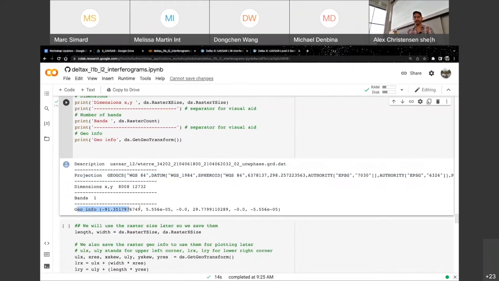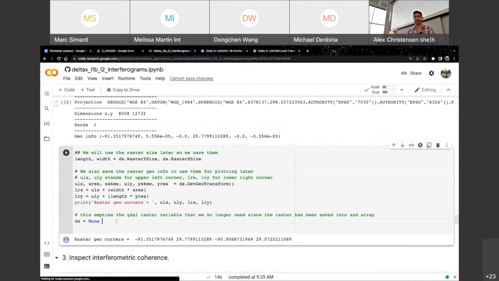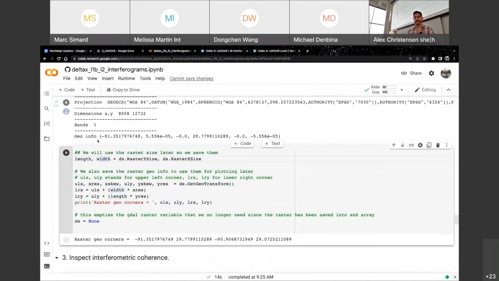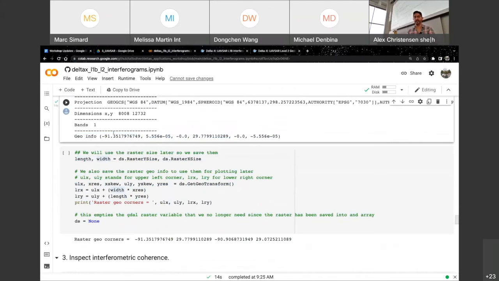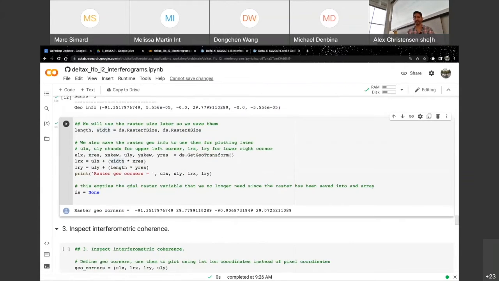And we have the corners of the images. So that's great. We can now plot them using the same feature that we saw before, where we can extract the specific corners of a raster just by knowing the length and width, and this geoinfo here, which tells us where the corners of the image are and the pixel spacing. We use that, we estimate our corners, here we are.